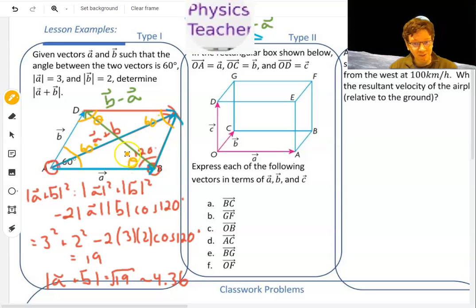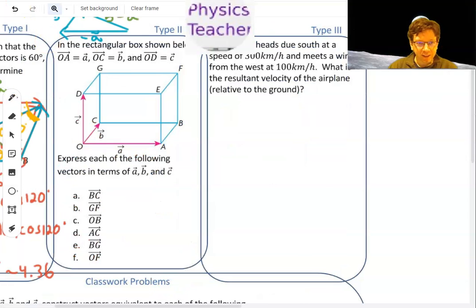An easier way to do it is just to realize that this angle and this angle would add to 180. So if this is 60, then we figure out what theta is by doing 180 minus 60.